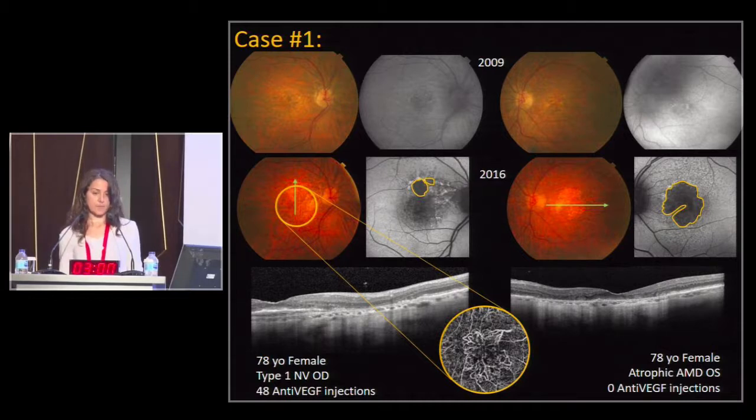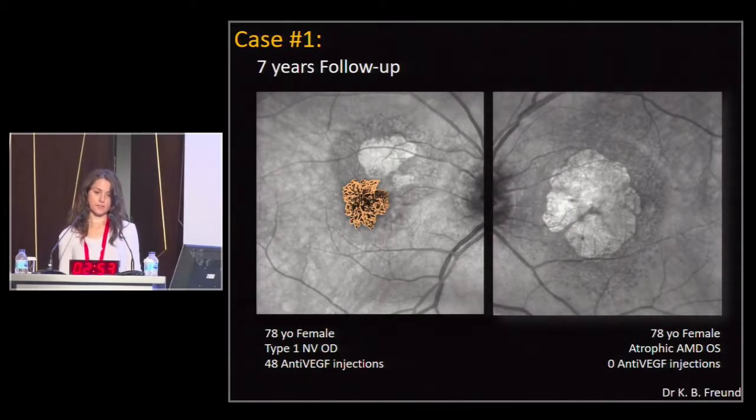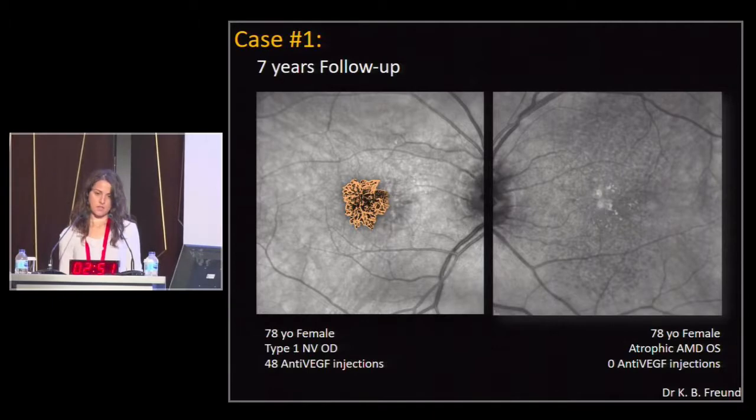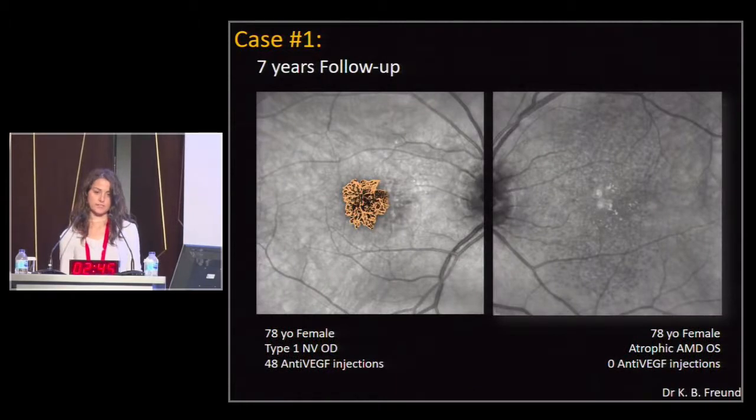And this is the follow-up with near-infrared reflectance showing the progression of atrophy outside the area of neovascularization in the right eye. So it's not always dependent on the intravitreal injections.